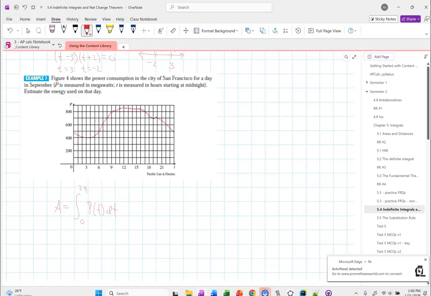And that's really just the same thing as the area under the curve, right? How am I going to find that value from just what I'm given? I'm counting boxes here, right? Making an approximation.